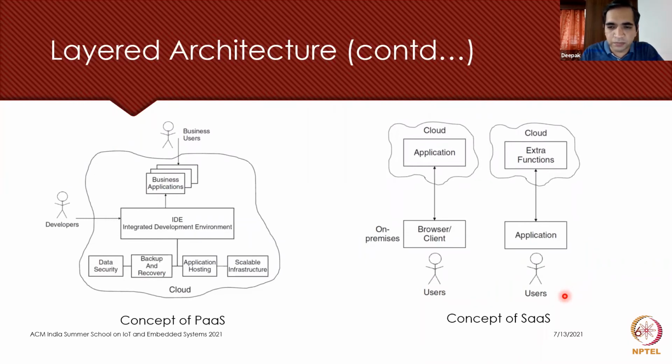Here is a situation where the user is actually running some application on the device that he or she may be using, and that application may seek some extra functions, or some set of application stubs that are not there in the version or the part of the application that the user is executing locally, which may be accessed from the cloud. So that's also one kind of software as a service.